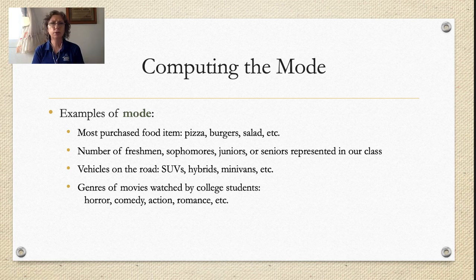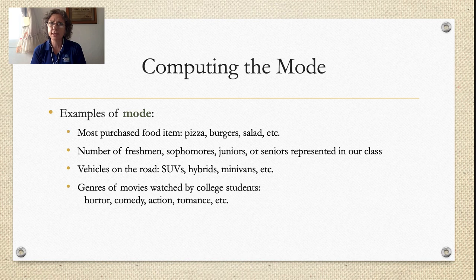If we ask the whole class what their most purchased food item was, pizza, burgers, salads, whatever, and then we listed all those food items and found out which one occurred, like how many times did burger come up, taking a tally of how often.